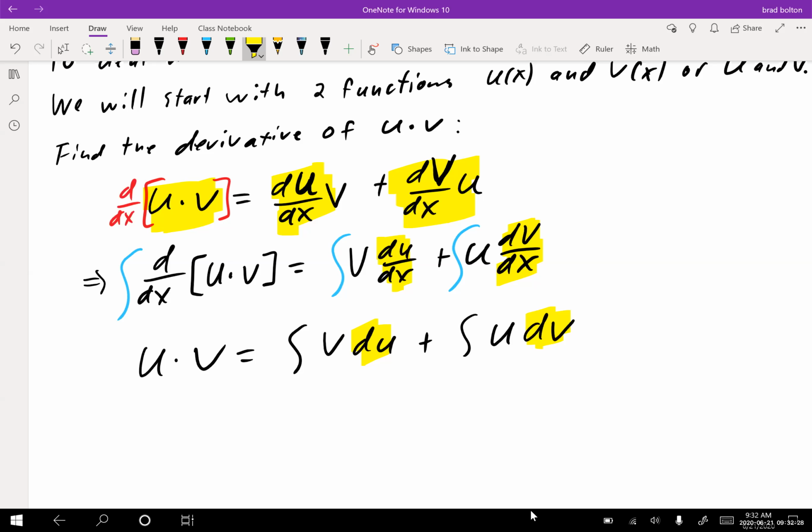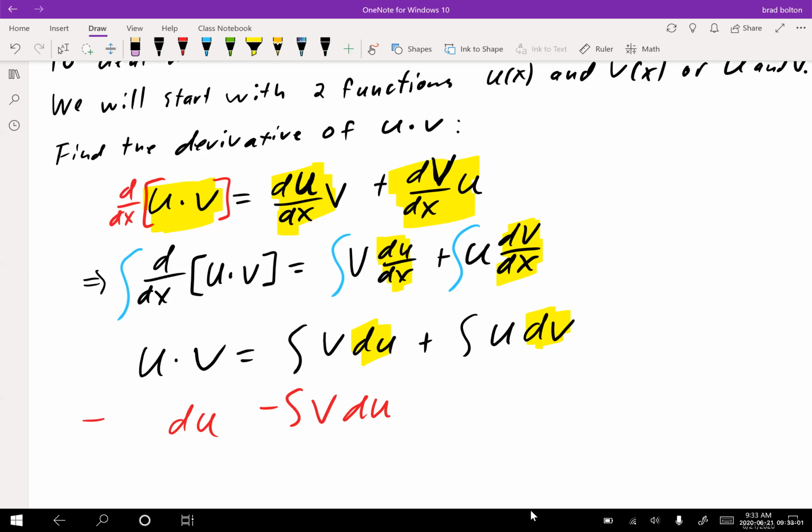So as far as the integral of v du is concerned, when you integrate that, v is basically not related to the du. So if we simplify this, let's see here, let's subtract this guy over to this side, because we can't do much.